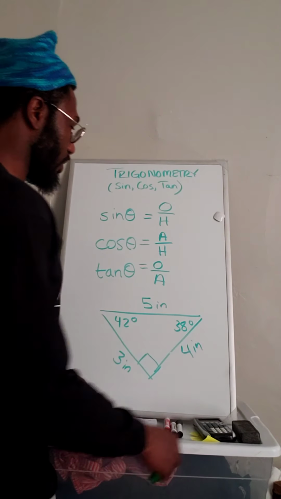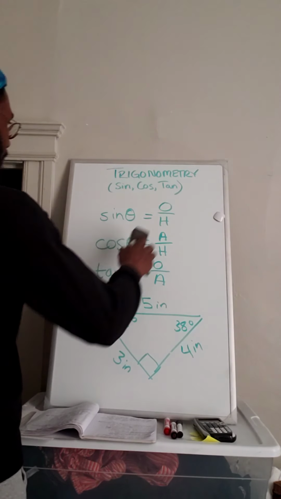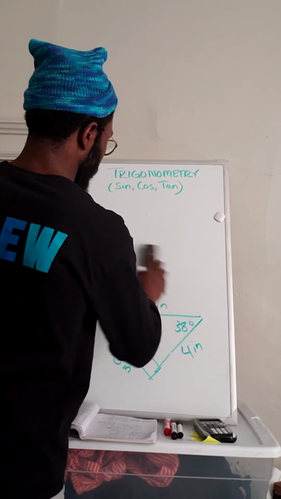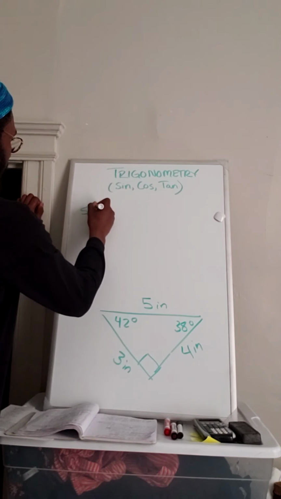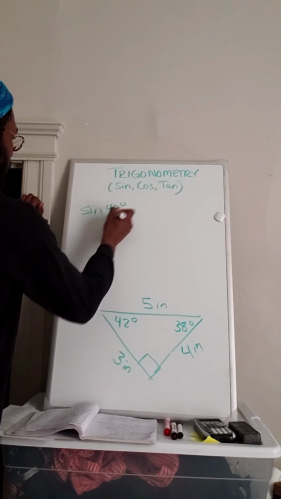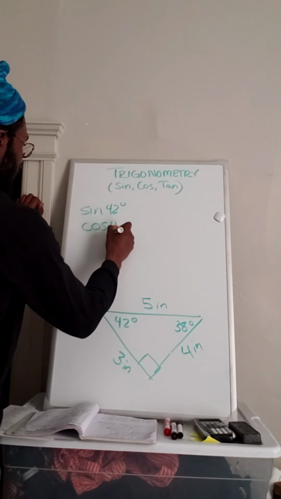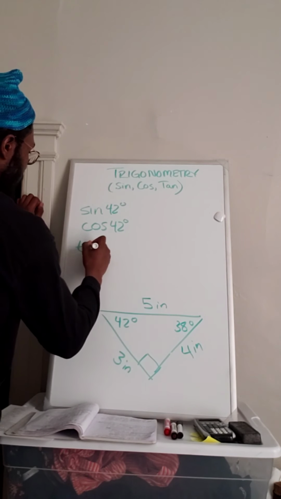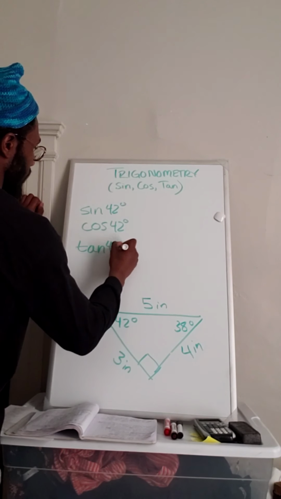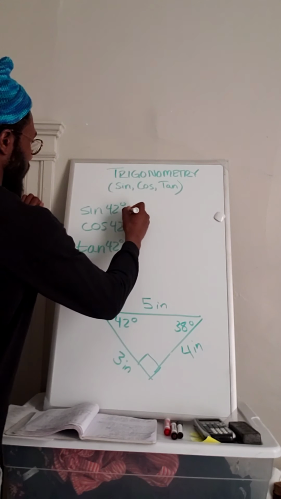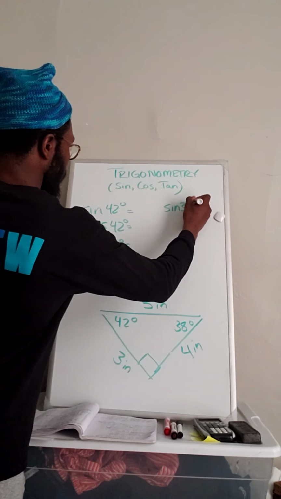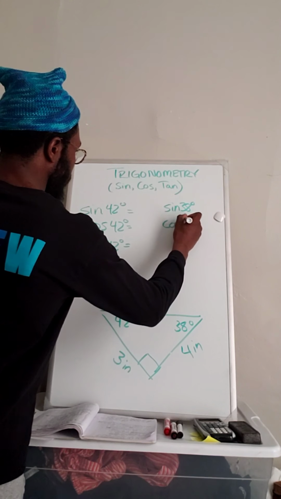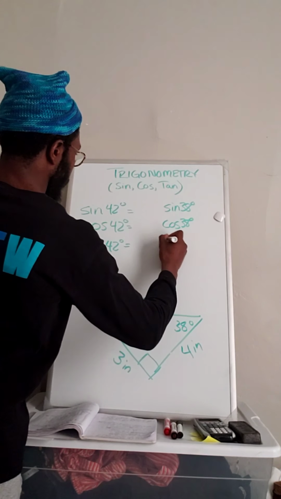So what we can do right now is make this a little simpler for ourselves. We're going to write sine of 42 degrees, cosine of 42 degrees, tangent of 42 degrees. And then we're going to come over here and write sine of 38 degrees, cosine of 38 degrees, and tangent of 38 degrees.